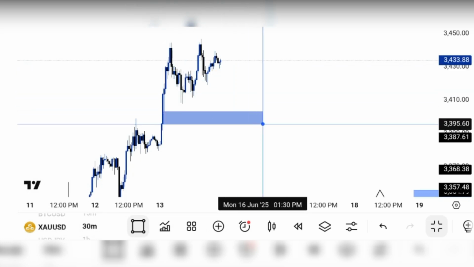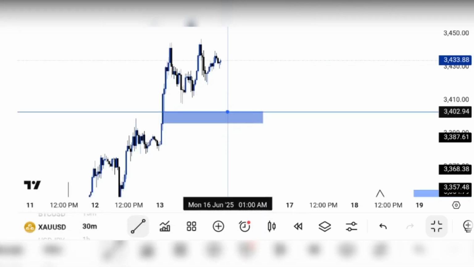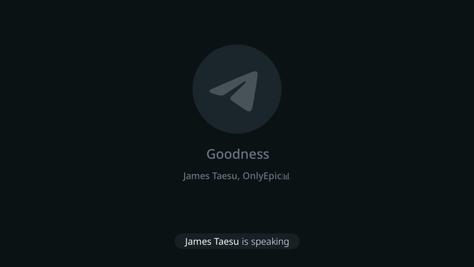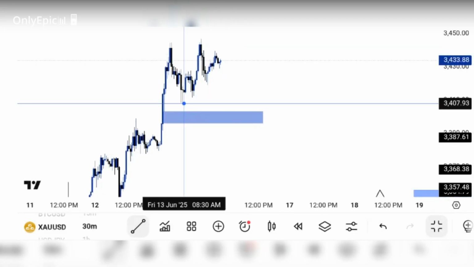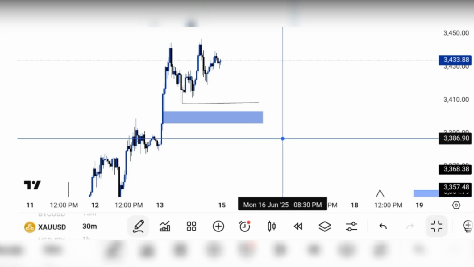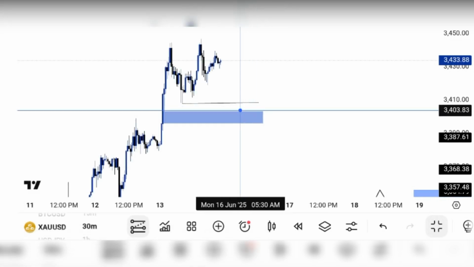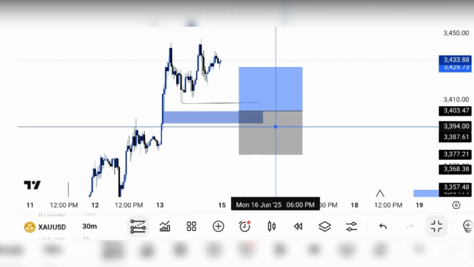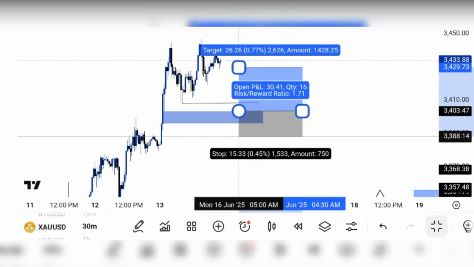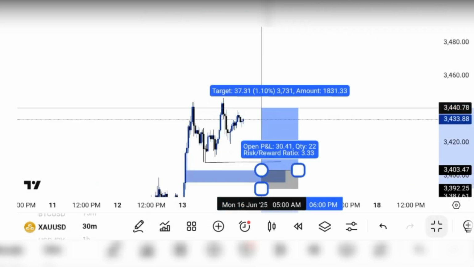When you have a fair value gap or order block, what are you going to look out for next? Liquidity. Exactly. You can see liquidity right here. So all you just have to do here is just set your entry right here. Once you set your entry, you set your stop loss, and then you set your take profit up here.